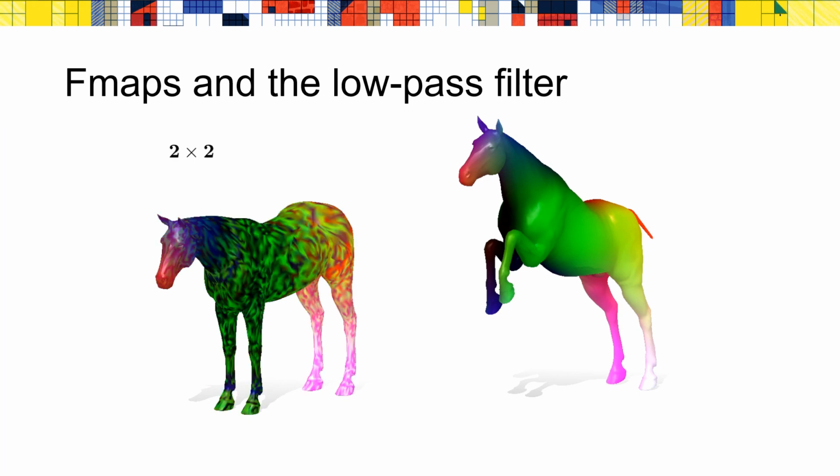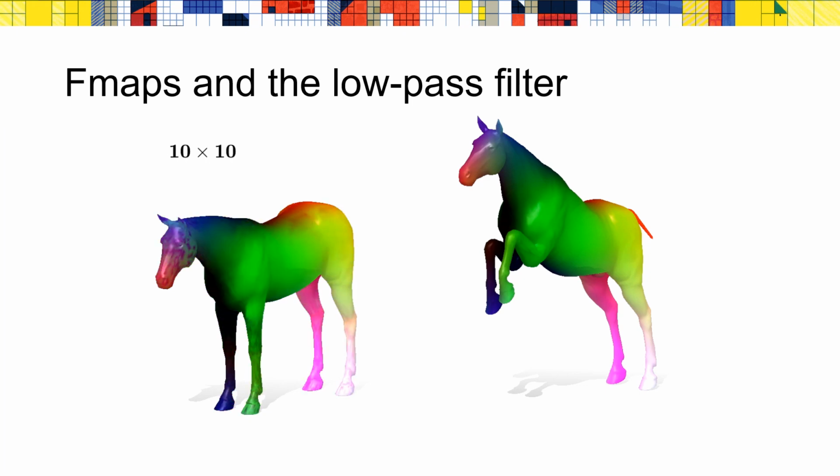When we start with one or two eigenfunctions, the point-to-point map is very noisily represented, but then adding more and more eigenfunctions, we can recover a more smooth and accurate point-to-point map.